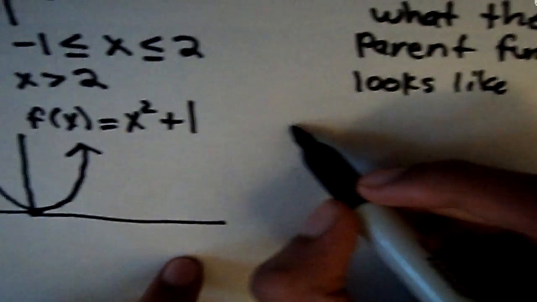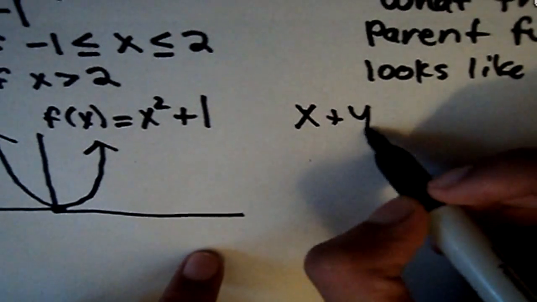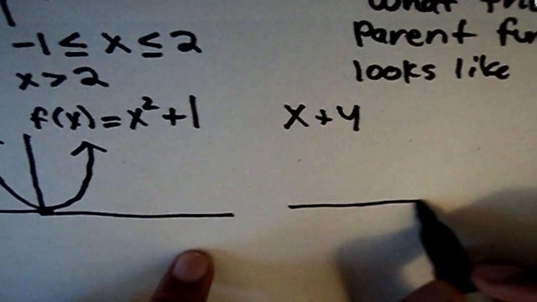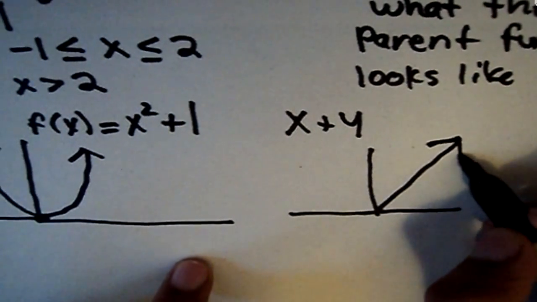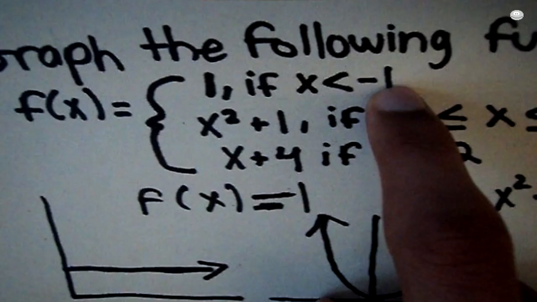And then for x plus 4, we know that it's just a line, so it will look something like this. So now let's start with the first section of the graph.